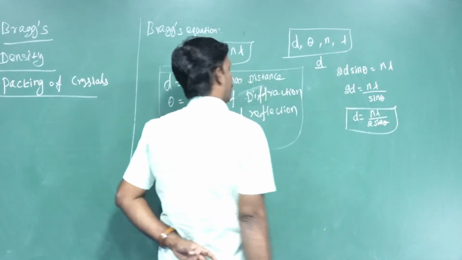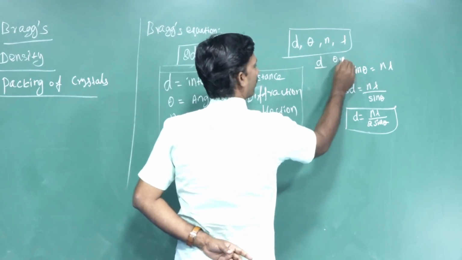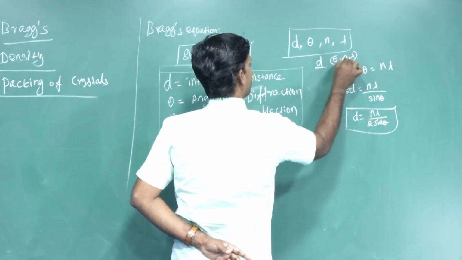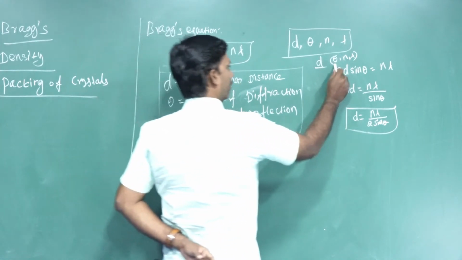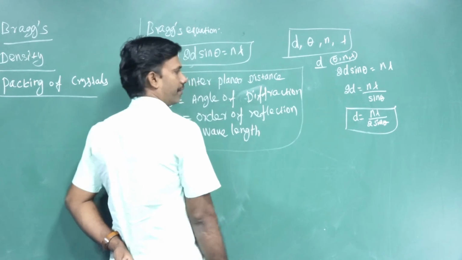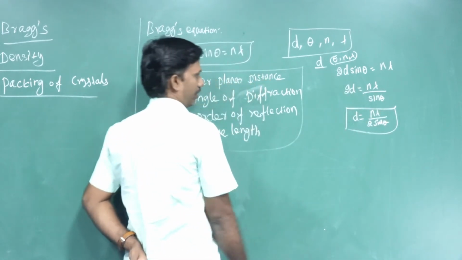If they ask for d, they must be giving theta, n and lambda. These three will be given in a question, directly or indirectly. If you substitute these data, you can get the interplanar distance d.